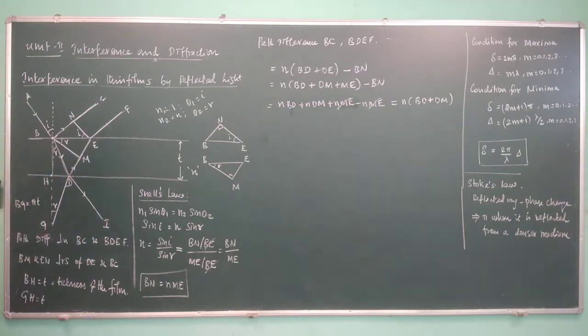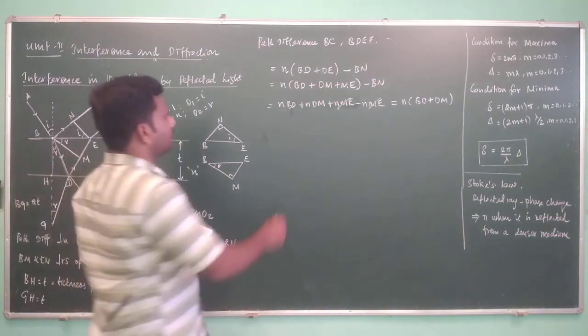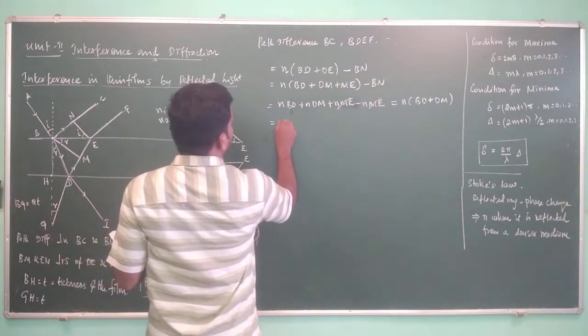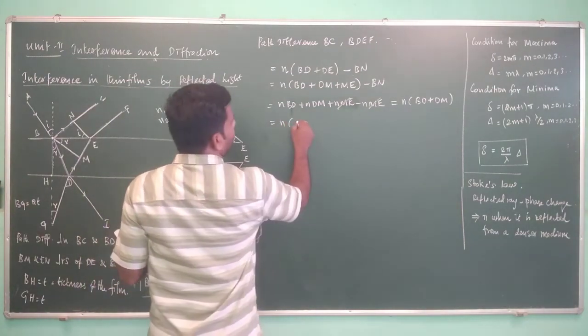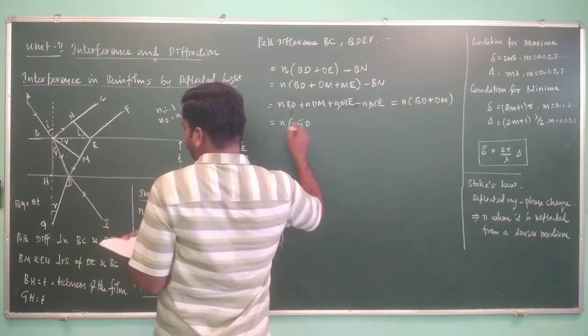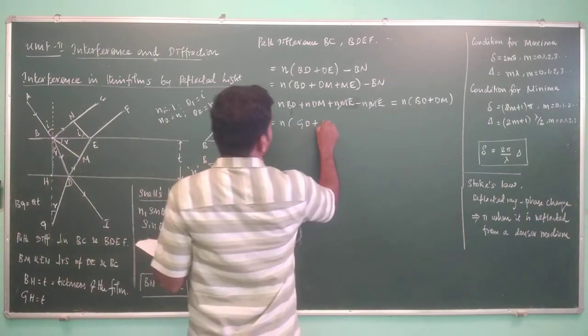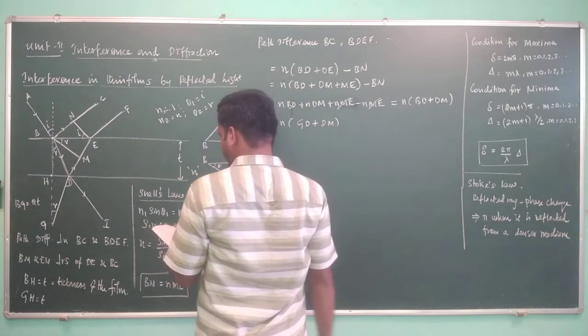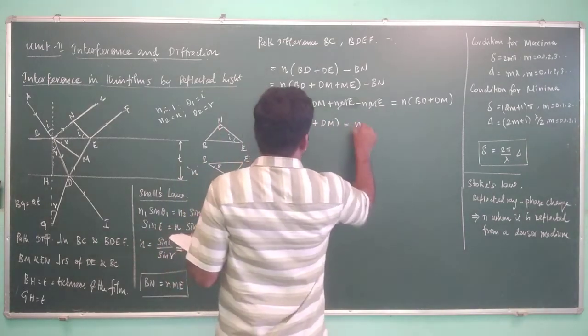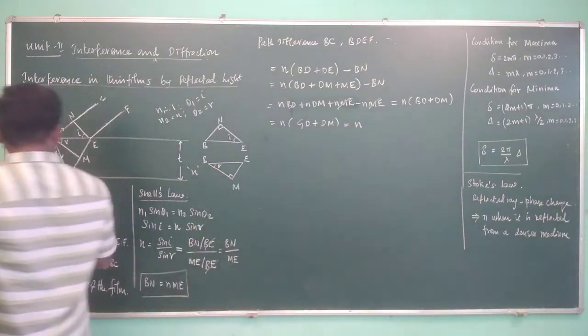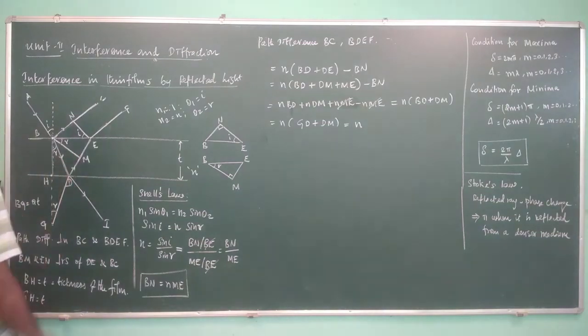Now another thing is, this BD and this DG are equal. So we can write N times GD, this length, plus DM, or you can simply write N times GD plus DM, and GD plus DM is nothing but GM.